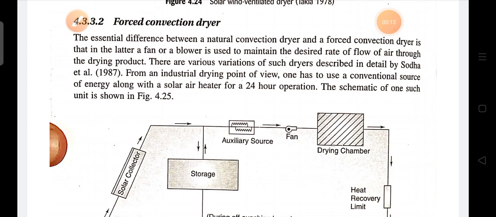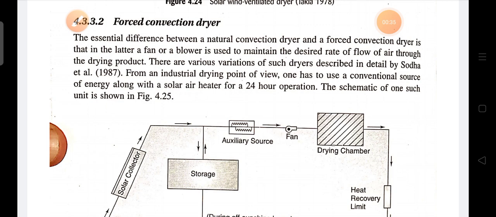Okay. In previous classes, we have studied natural convection dryers. You remember that solar dryers are of two types: one is the natural convection dryer, and the other is the forced convection dryer.